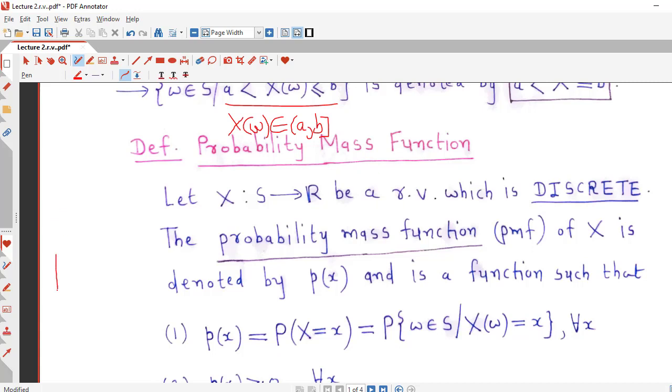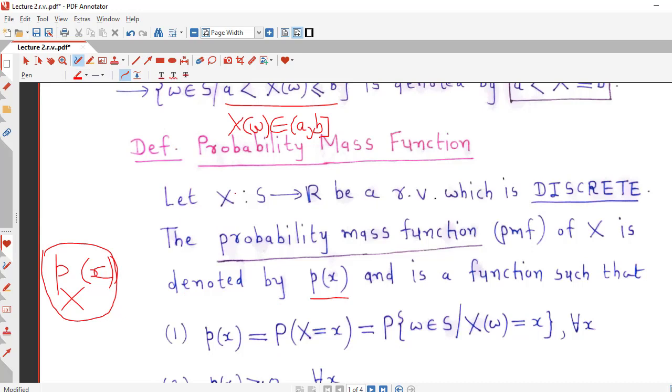Some authors denote this PMF by p suffix X of x, to indicate that it is the PMF of random variable X. Or we can simply write p of x also.